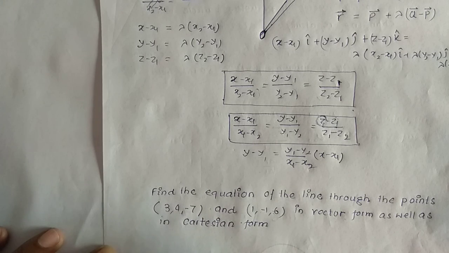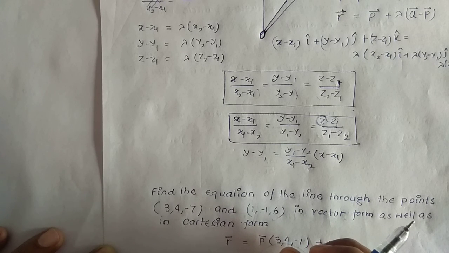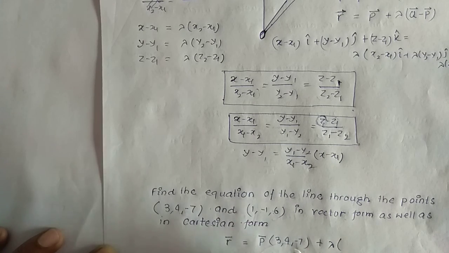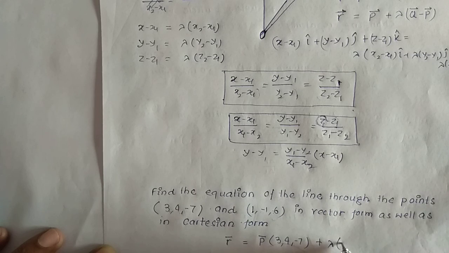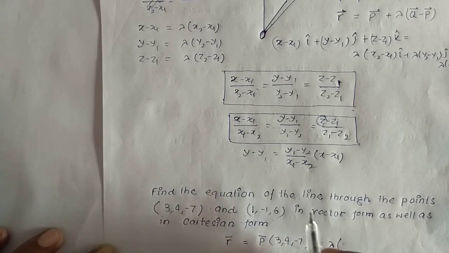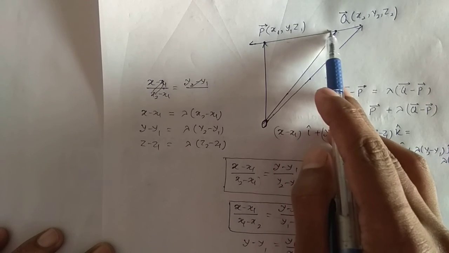If you write it here, this is the equation. So here lambda times p minus q, or q minus p, either you may use. Q minus p means this minus this, because the pq vector goes this way.